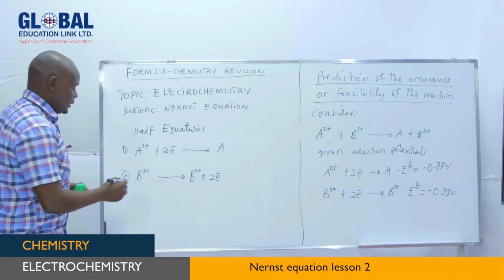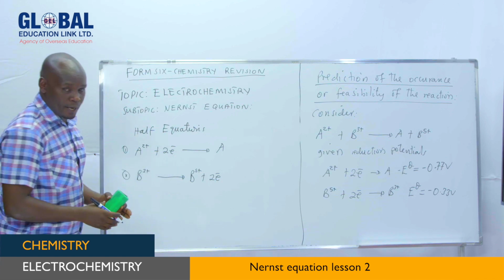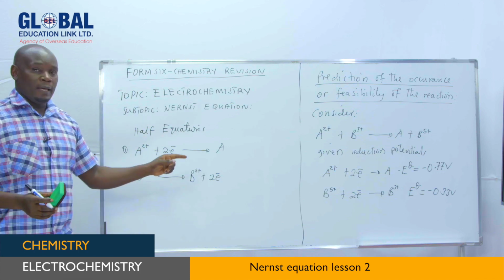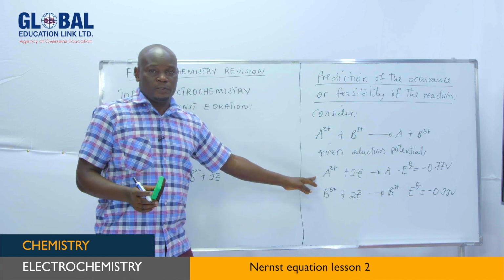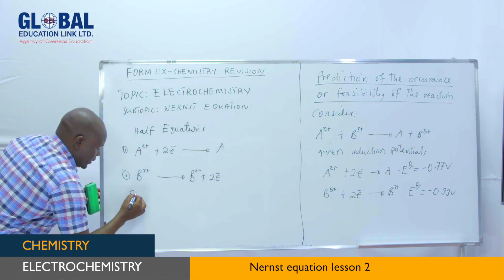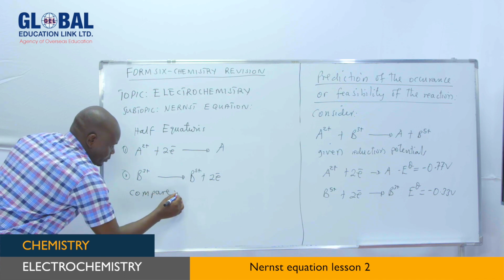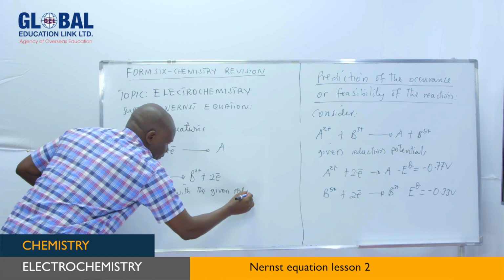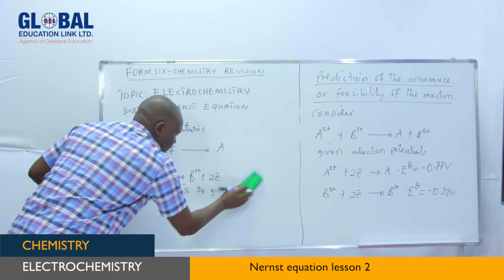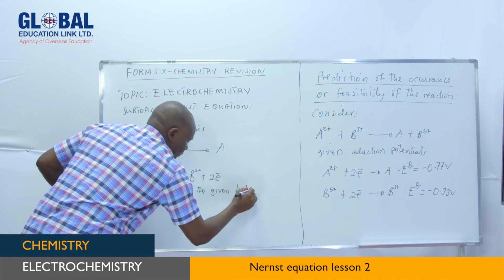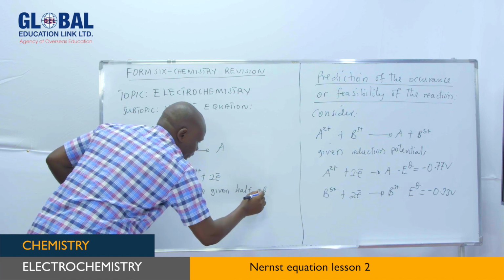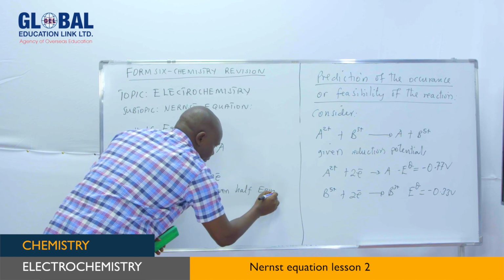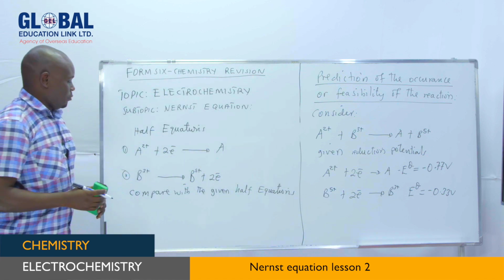Now the second part is that you have to compare the half equations that you have obtained with the given half reduction equations with the standard electrode potentials.